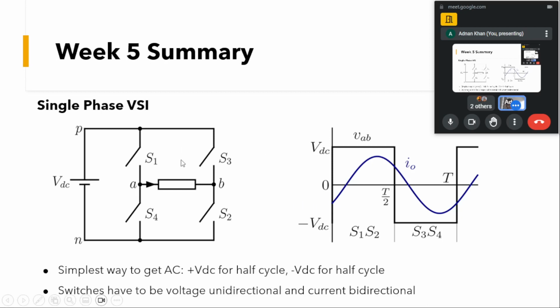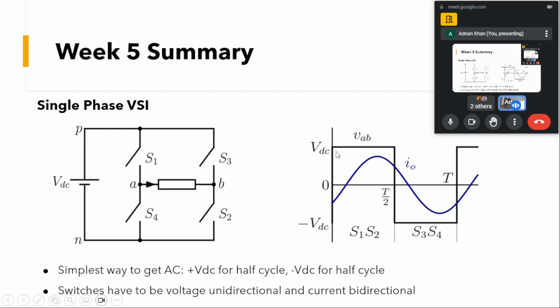So as you saw, that has been reiterated in these two points: to get this AC voltage, plus VDC for one half and minus VDC for the other half, we switch S1 and S2 together, and for the negative half we switch S3 and S4 together. Also you saw current can be in phase or lagging by some amount.